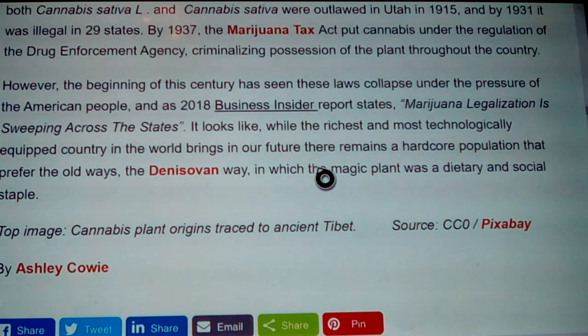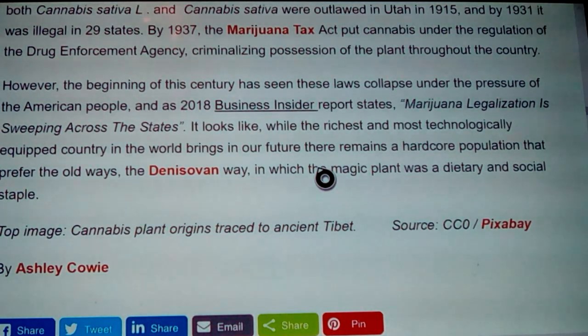However, in the beginning of this century you've seen the laws collapse under the pressure of the American people, and as of 2018, a Business Insider report states marijuana legalization is sweeping across the states. It looks like while the richest and most modern technology-equipped country in the world brings in our future, there remains a hardcore population that prefers the old ways, the Denisovan way, in which the magic plant was a dietary and social staple.